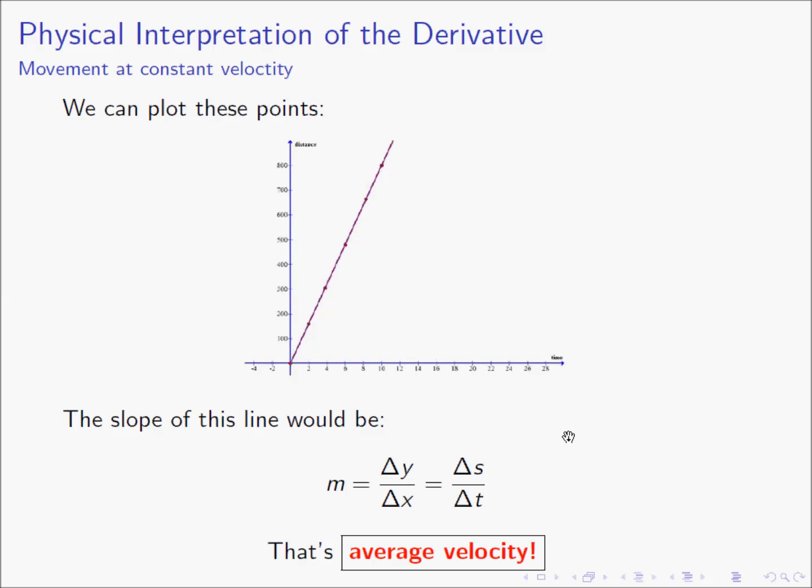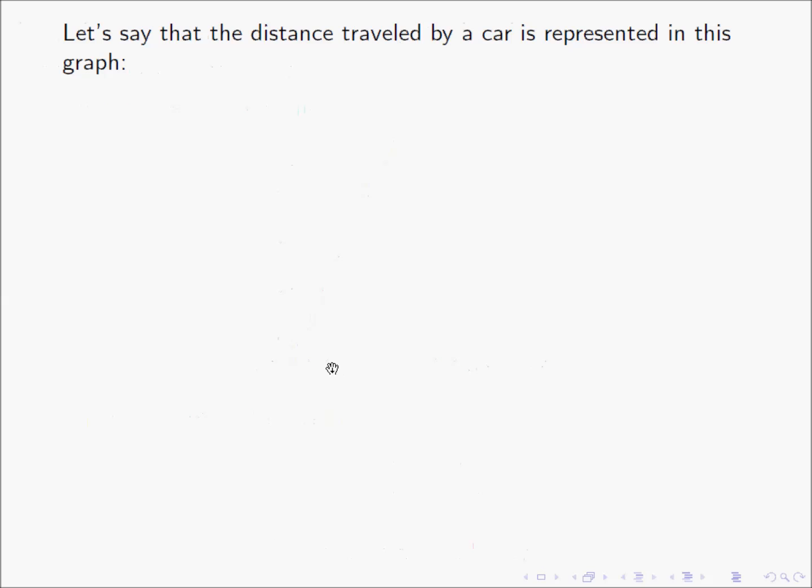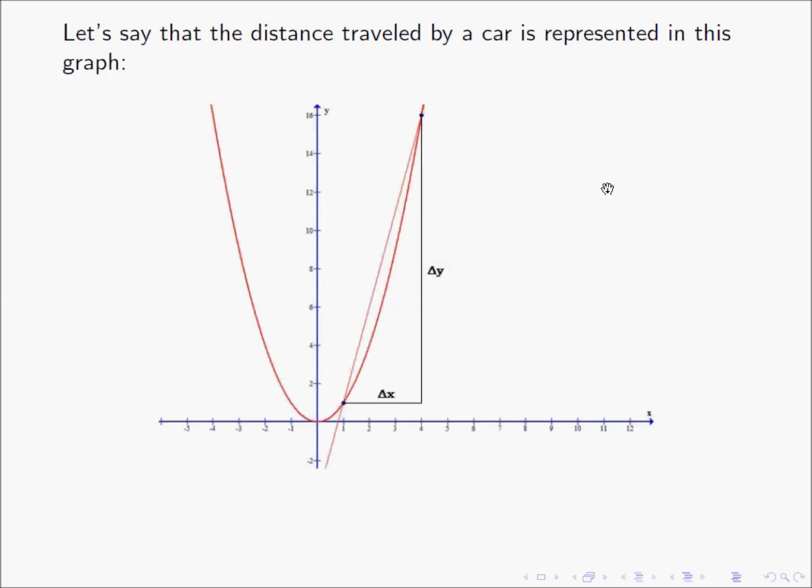So this gives us an intuition that there should be at least some relationship between the derivative and the concept of velocity, because the derivative is a generalization of the concept of slope. And now, to see where that relationship is, we need to consider a more complex model.